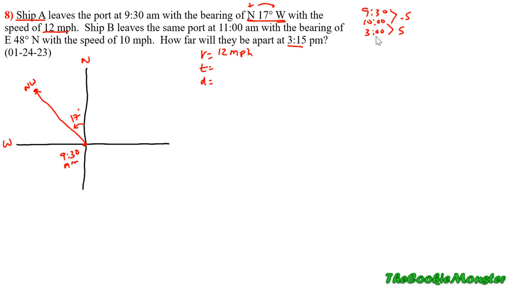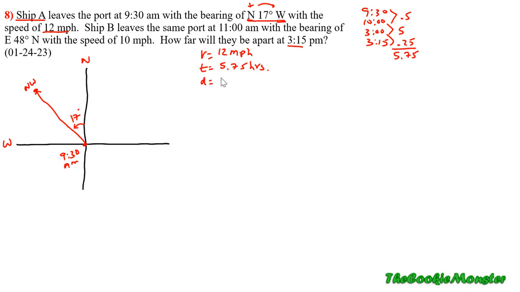And then from 3 o'clock until 3:15, that's 15 minutes, which is the same thing as 0.25 hours, a quarter of an hour. So if you add those numbers up, you should get 5.75 hours. Okay, so label that 5.75 hours right here.